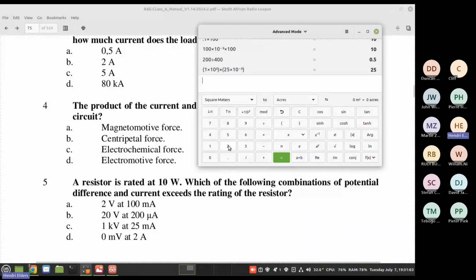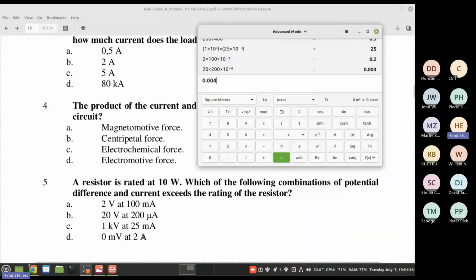Let's say I'm doing A. 2 times 100 to the minus 3. So that's 0.2 watt, so it's definitely not that one. Then 20 volt times 200 to the minus 6, so it's definitely not that one.